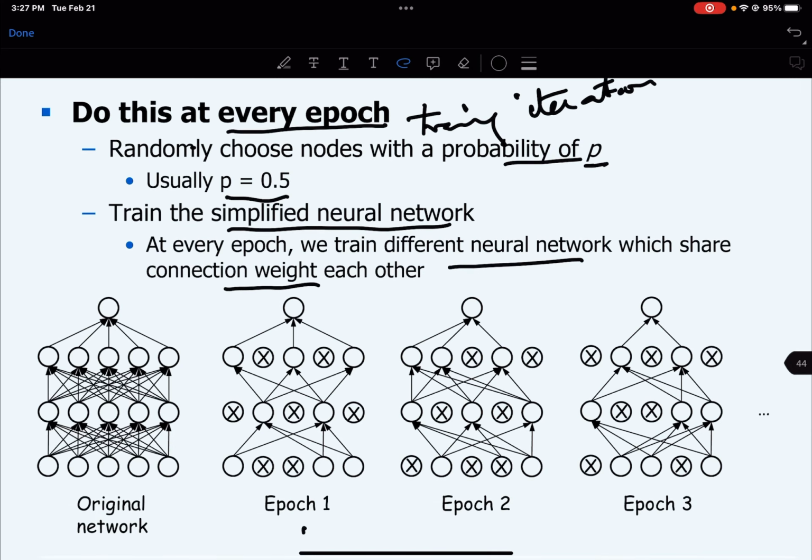For example, in this epoch, some of the nodes are selected. At the next epoch, different nodes will be selected, not the same ones. So if we have 3 epochs, 3 training iterations, all will have different training for the weights. So all the weights that we have here, they will be updated differently, right?